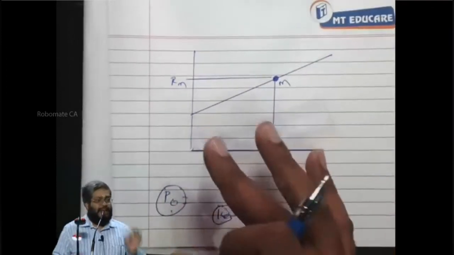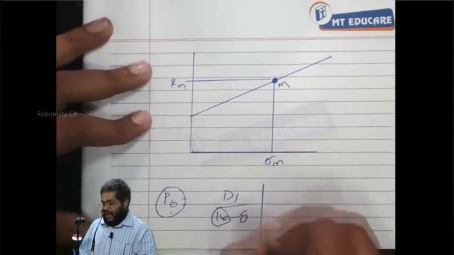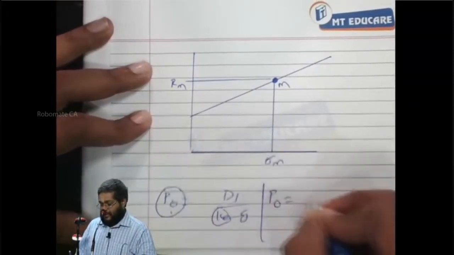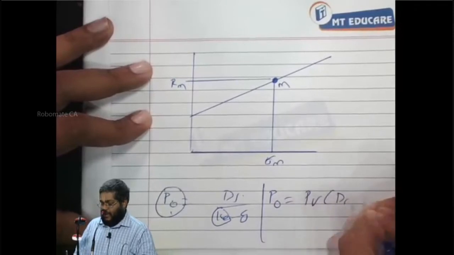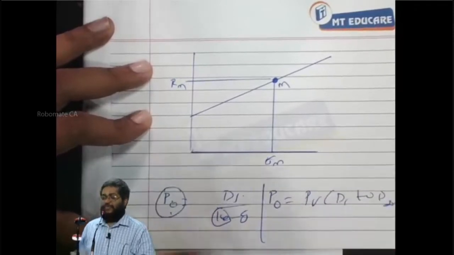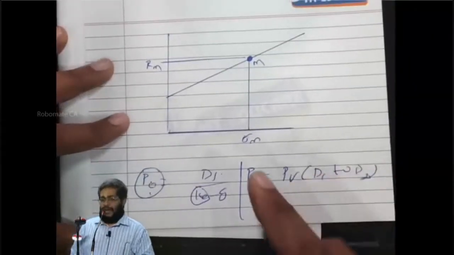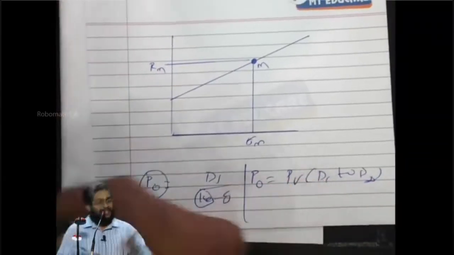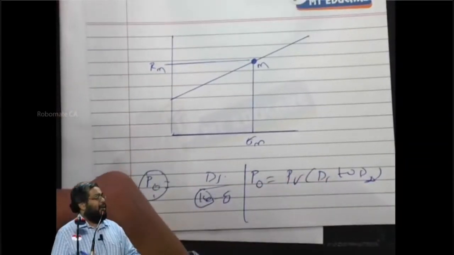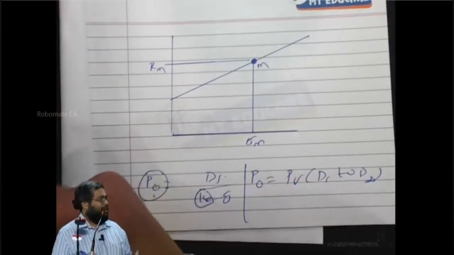Now, very simple. Again I say, this formula is nothing but P0 is equal to the present value of D1 to D infinity. Correct? Now, I am only taking one of the formulas. Any formula can be taken. It all depends on how you project the share's benefit. Right or not?